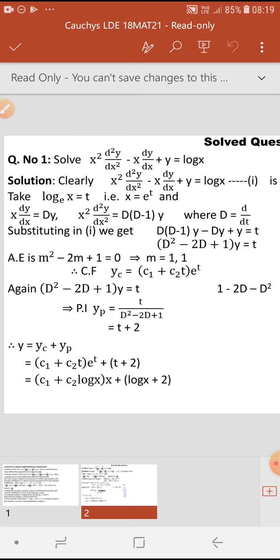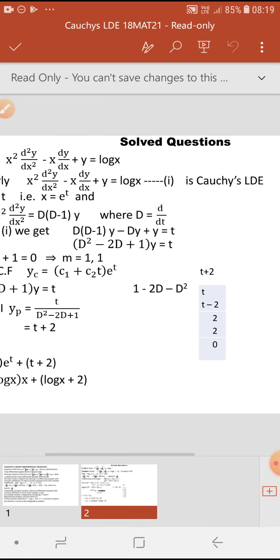Now to go for the particular integral, look at that differential equation with the constant coefficient which we got after making the substitution in the given equation. From that, the particular integral yp will be t divided by D square minus 2D plus 1. Now the numerator is t, a polynomial function in t.